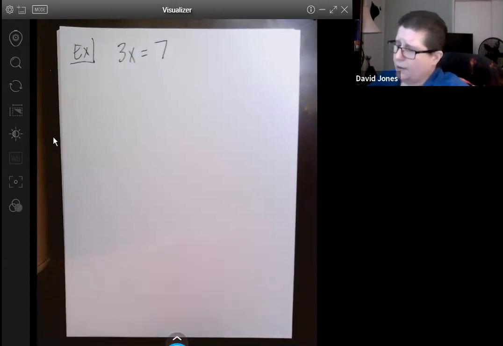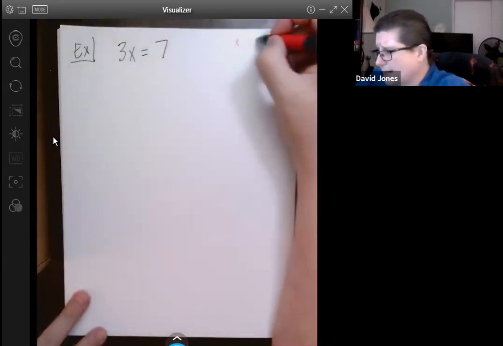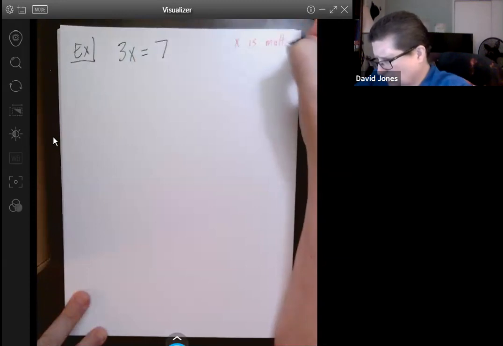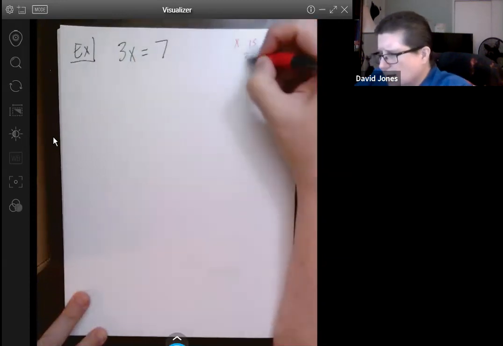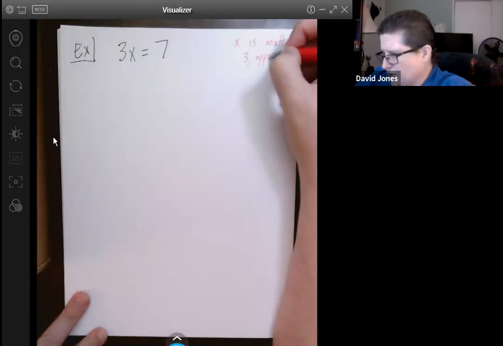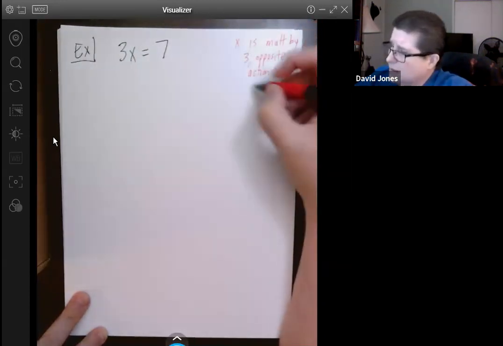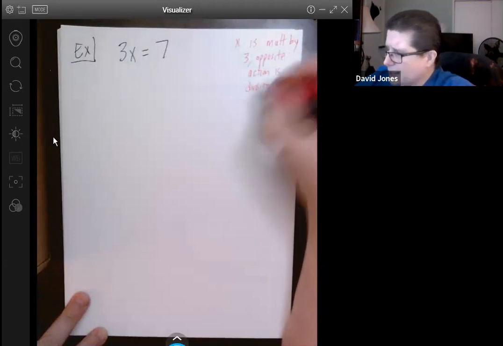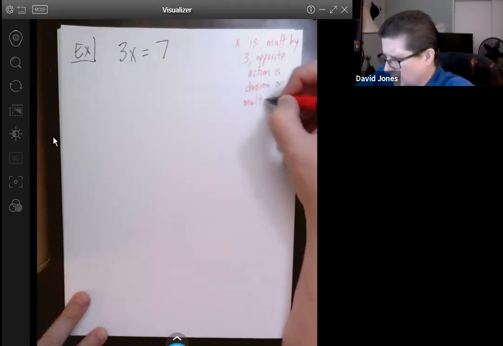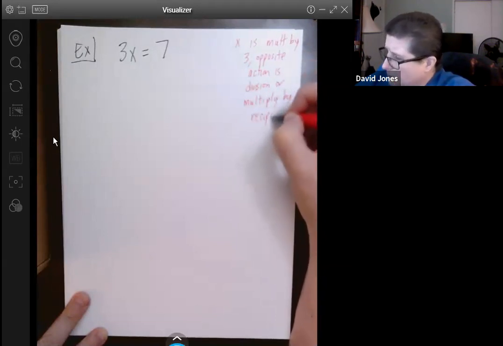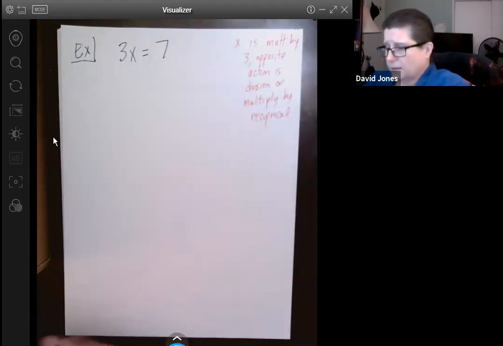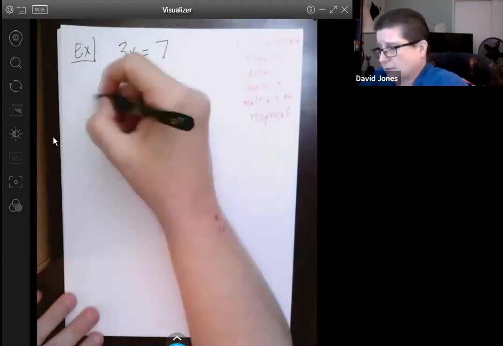So right now, x is multiplied by 3. The opposite action would be division, or multiplication by the reciprocal. I'll show that both ways.